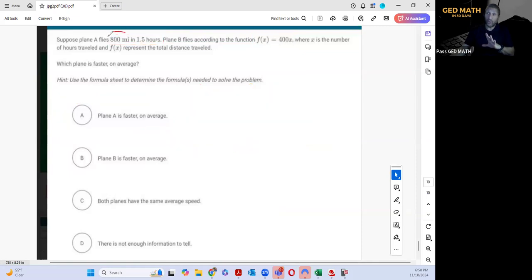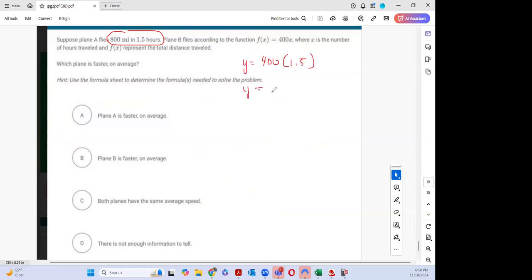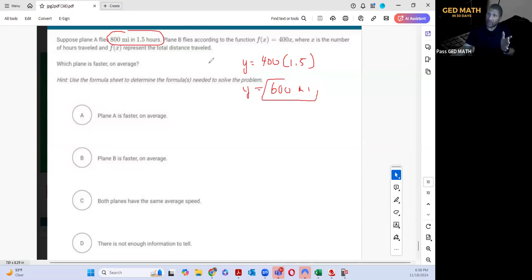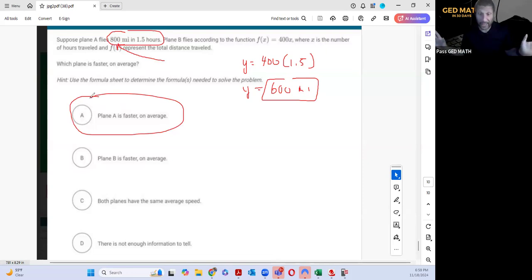So if we know this plane went 800 miles in 1.5 hours, we could do 400 times 1.5, and we get 600 miles per hour, or rather, this trip went 600 miles. This one goes 800 miles. So it's still plane A. We did it two different ways, but got the same answer.